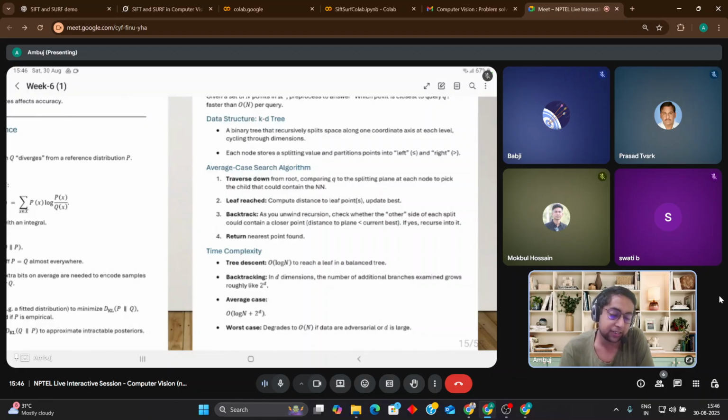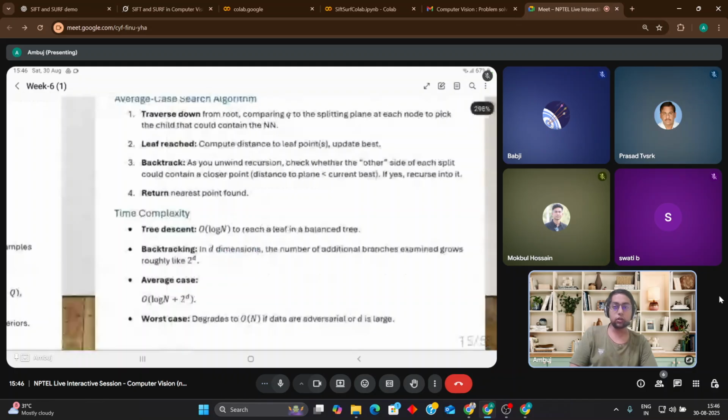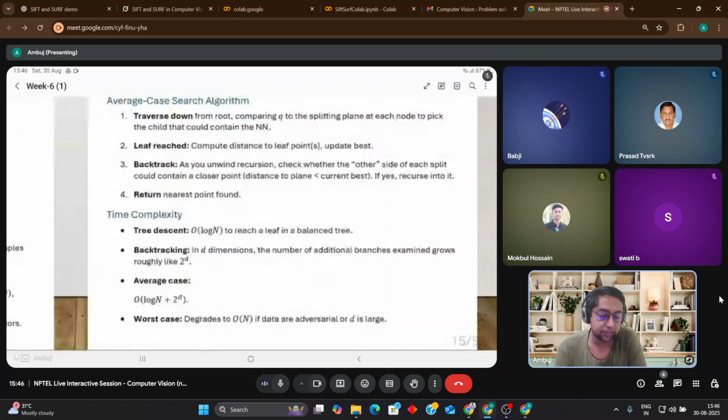In the average case, the search algorithm traverses down from the root until a leaf is reached, then computes the distance, and backtracks and returns the nearest point found. Time complexity is big O of log n. In the case of backtracking in d dimensions, the number of additional branches examined grows roughly like 2 raised to power d.